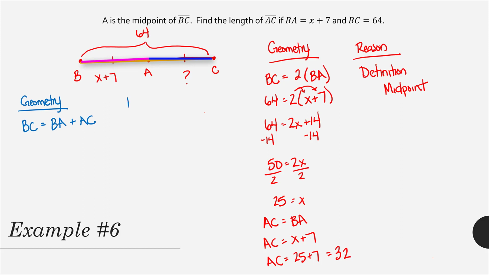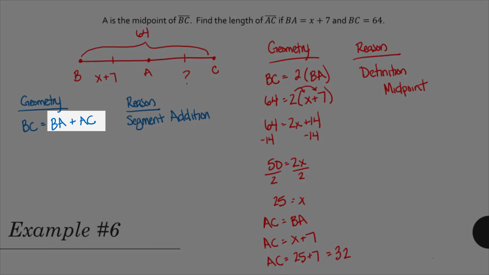And your reason would be segment addition. Okay. If you write two segments with a plus sign in there, you have to write segment addition for your reason. Because you are adding segments, segment addition.